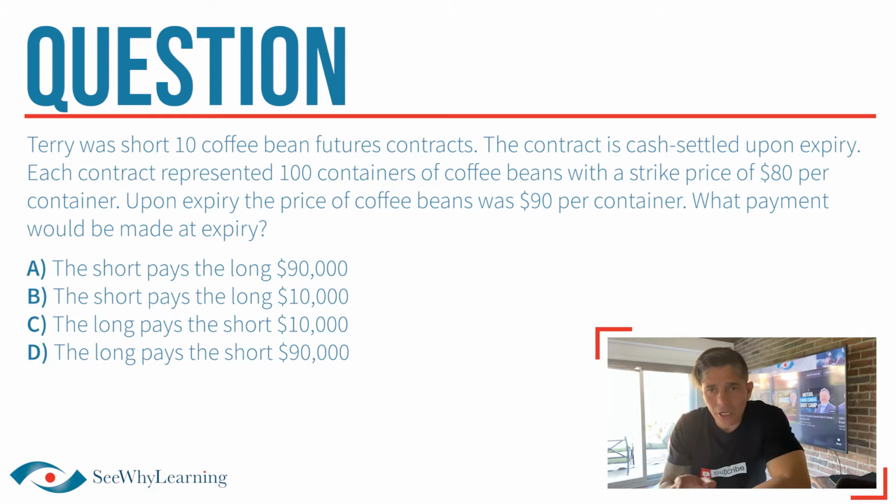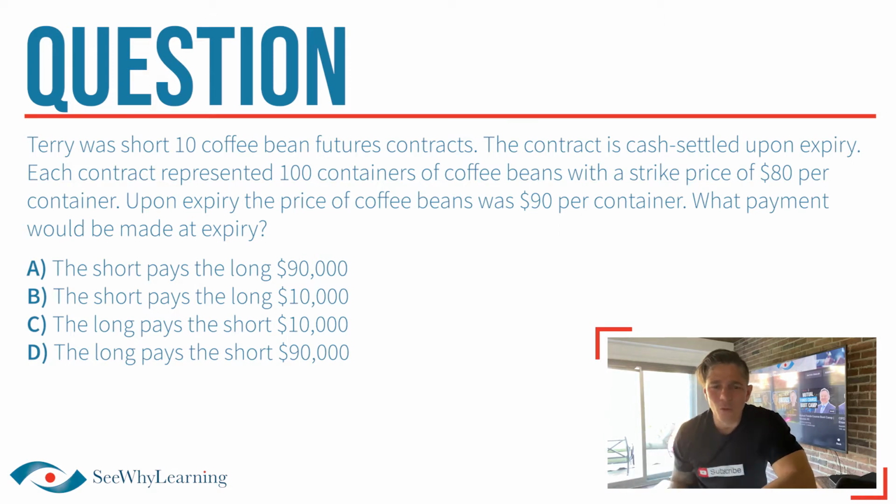And you've got answers here, two say the short would pay the long, two say the long would pay the short. I'm sure a lot of our students are saying, I don't even know what that means. Can you translate that into English, please? And we're certainly going to help you out with that as we tackle this question together.